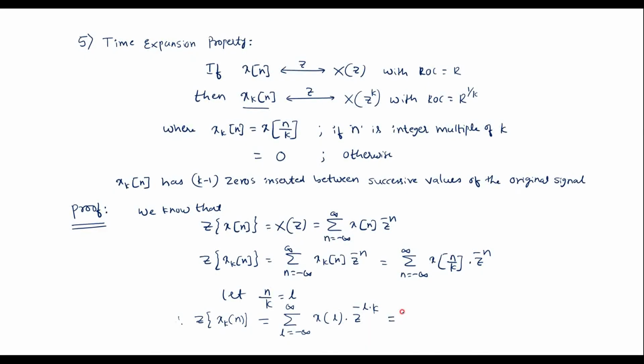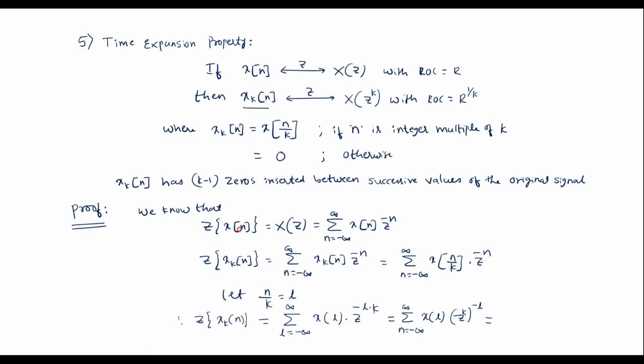Can represent this expression as summation n from minus infinity to infinity x(L) z^k power minus L. So this is nothing but the Z transform of x(n).